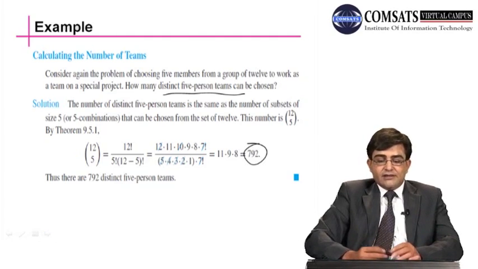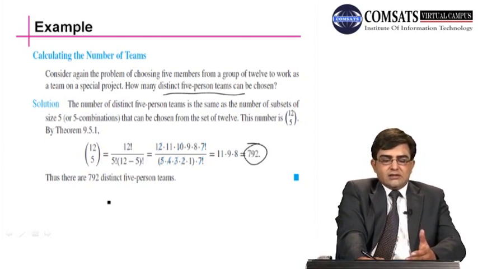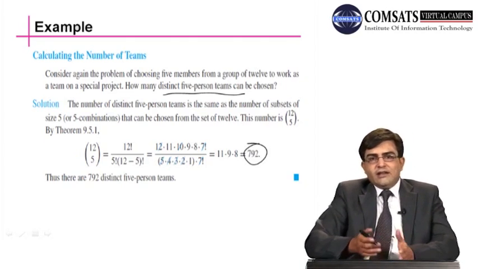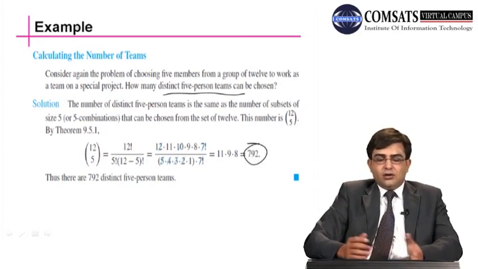Now here, what is basically a distinct 5-person team? Two sets are distinct if all their elements are not the same. If at least one of the elements in any two sets is not the same, then we can say that these two sets are distinct.